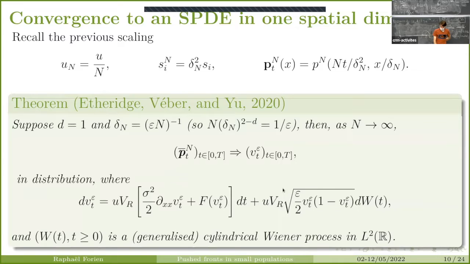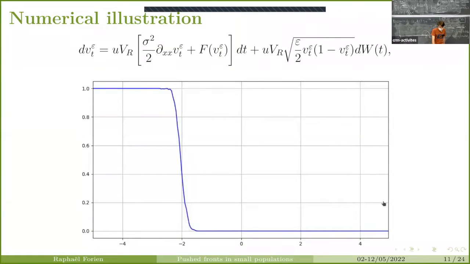And so this noise here that is perturbing the deterministic equation has this epsilon factor times the square root of v(1 minus v) dW, and W is a cylindrical Wiener process, so that for any phi in L2, it's uncorrelated space-time white noise.